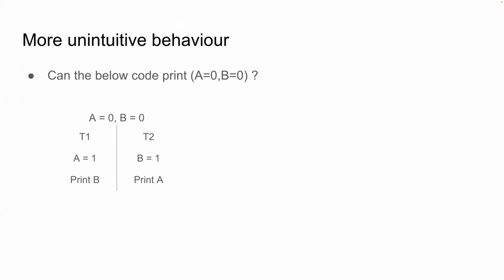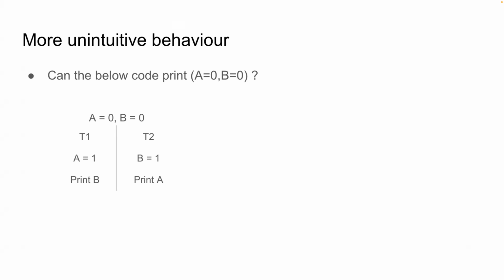Can it happen that these two threads print 0, 0? If you think instructions happen in order, then if you print b first, then a has to be 1, so you cannot have the other thread print a equal to 1.